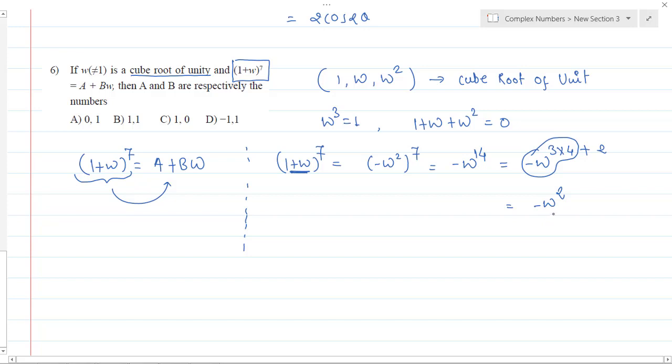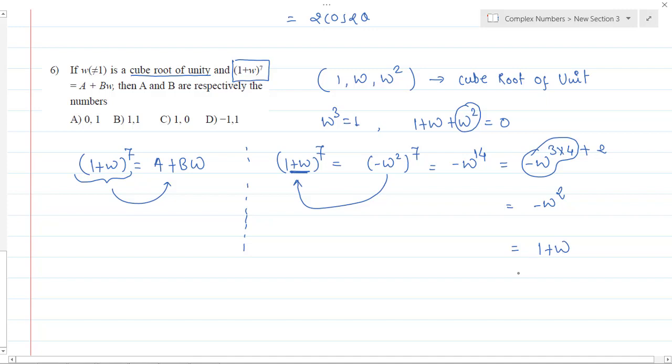It is minus of 1 plus w. So minus omega square becomes 1 plus w.